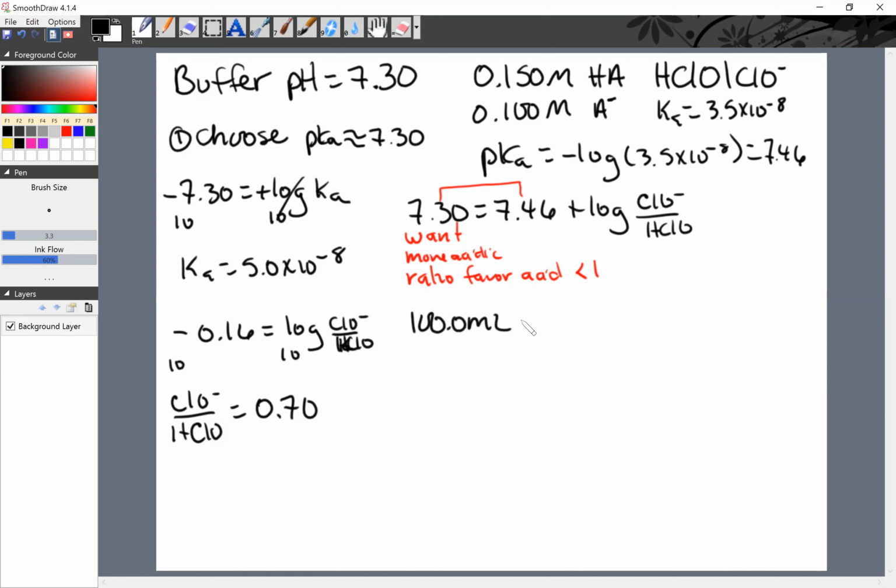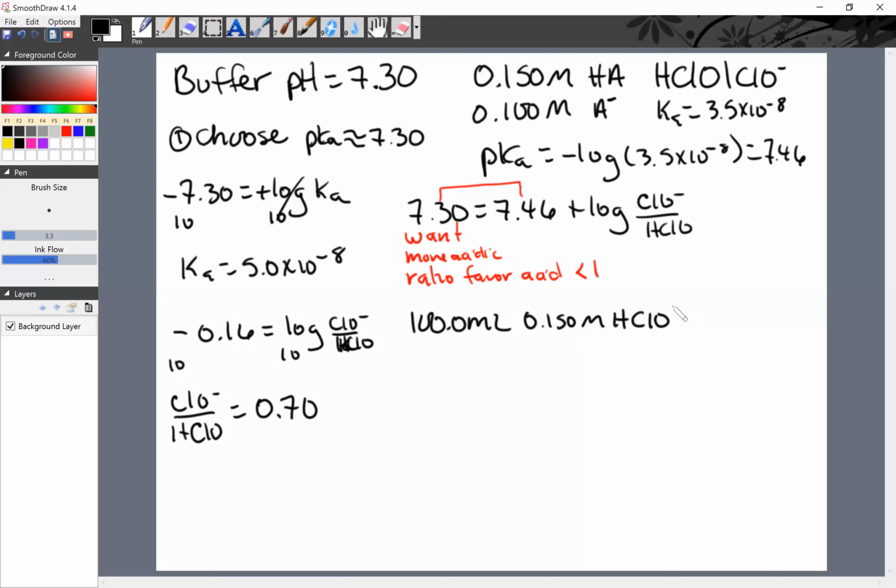I'm choosing to use 100 mils of the 0.15 molar hypochlorous acid. So I've set a starting point. I need to know how many moles are in there, because I need to figure out how many moles of base I need to add.